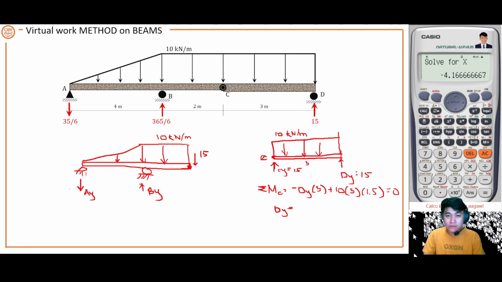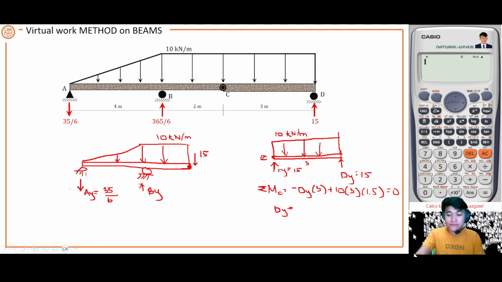Shift solve. So we have 5.8333 or simply 35 over 6. A positive value means the assumption that it is downward is correct. This is 35 over 6, correct.